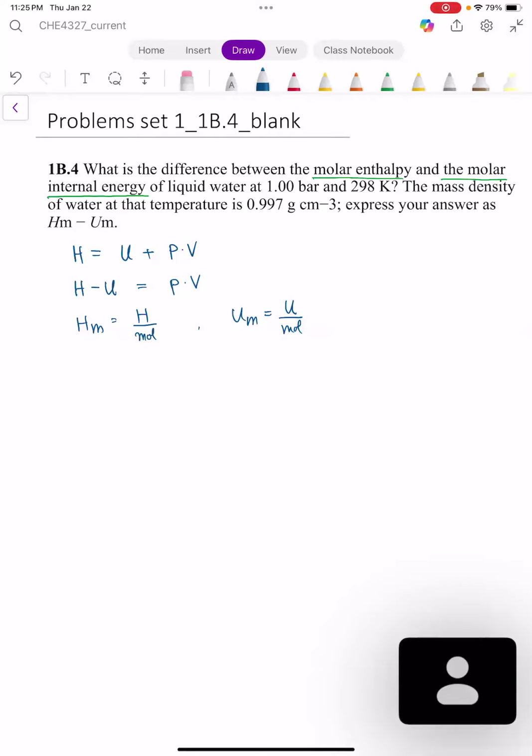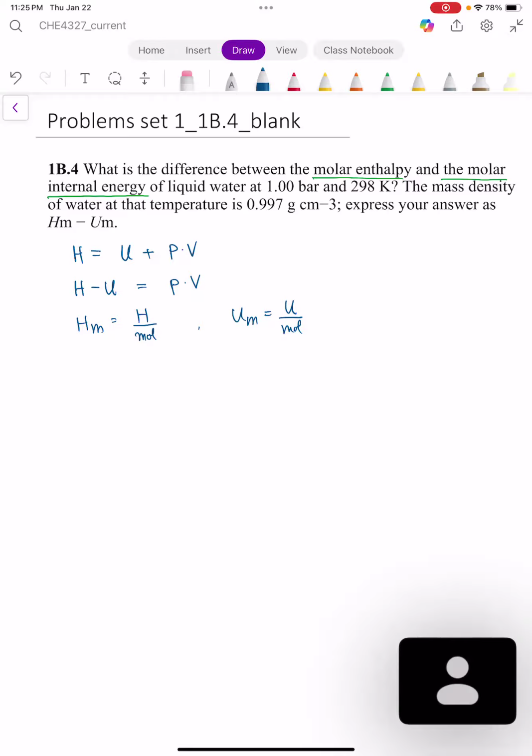So again, molar enthalpy of the substance is just the total H divided by the mole of the substance, and the molar internal energy of the substance is the total internal energy divided by the mole of the substance.